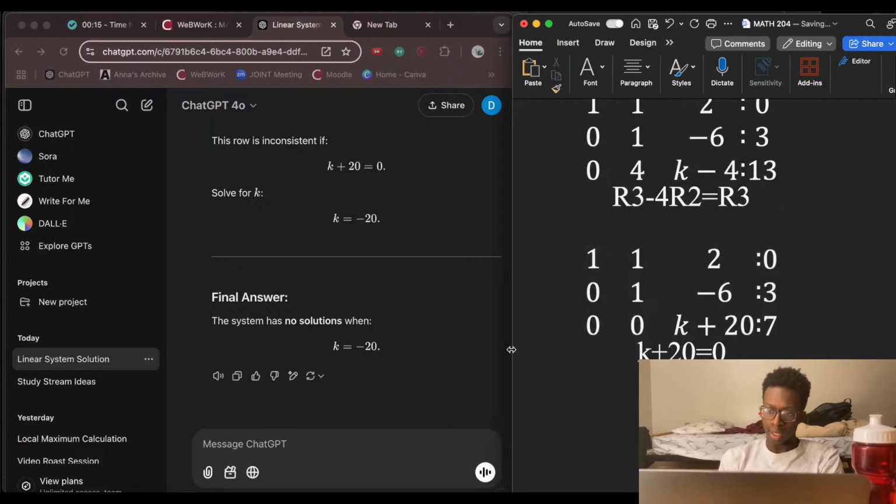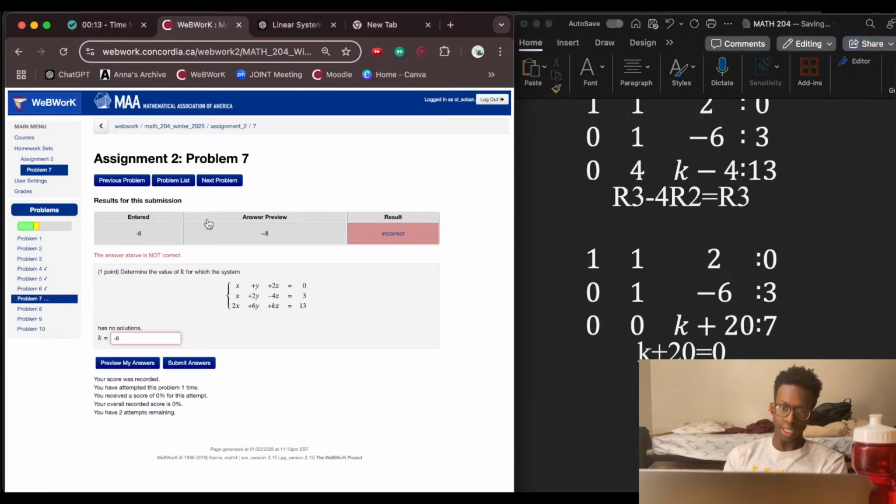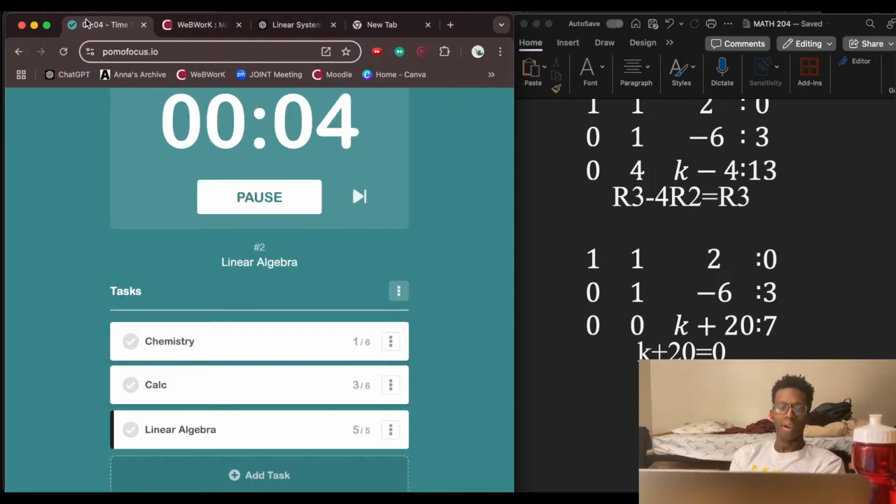And then that works. Okay. Interesting. So that's negative 20. Boom. But at least I know how to do these things, just slow at them.